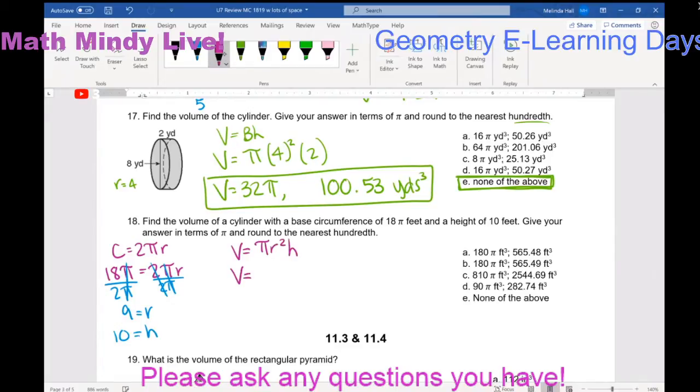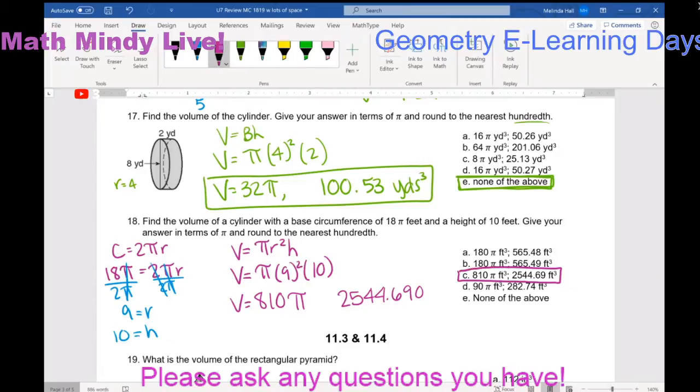My radius is 9 and the height is 10. When we multiply this out, 9 times 9 is 81, times 10 would give us 810 pi. Or if we multiply the pi in, it would be 2,544.690. Looking at our options, we would have answer C for that one.